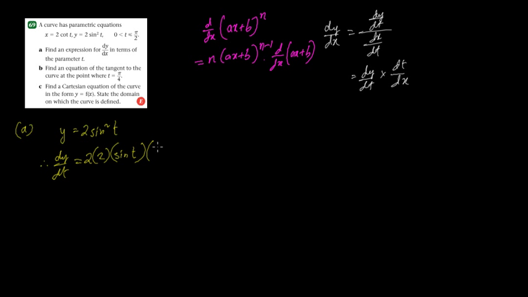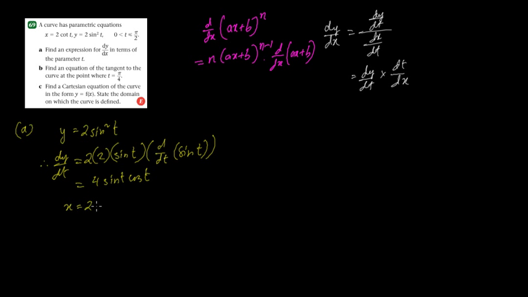Inside we have sine t, so we have d by dt of sine t. Now if we simplify, 2 times 2 is 4, sine t stays sine t, and d by dt of sine t is cos t. So dy by dt is 4 sine t cos t.